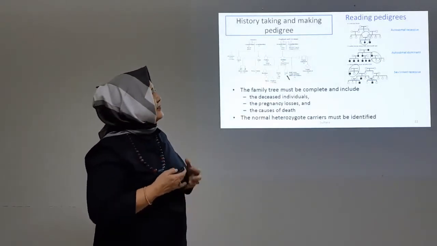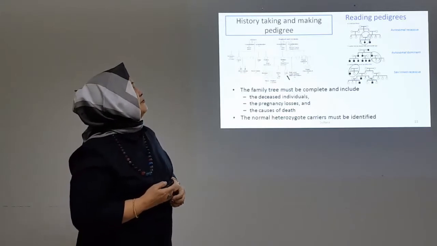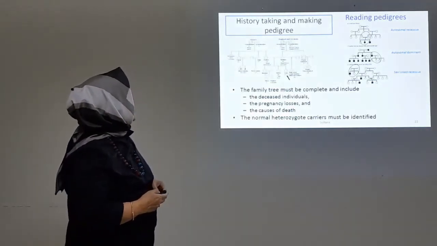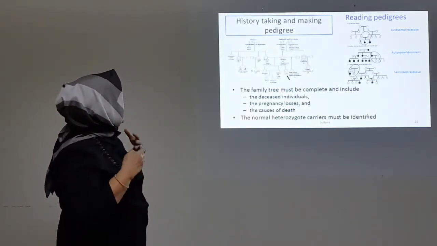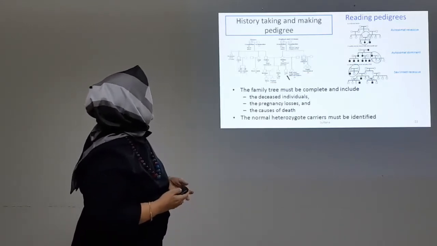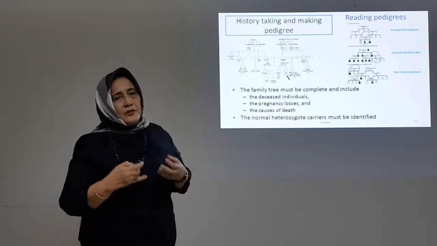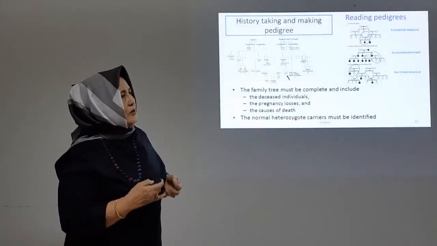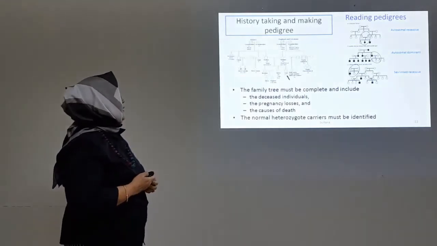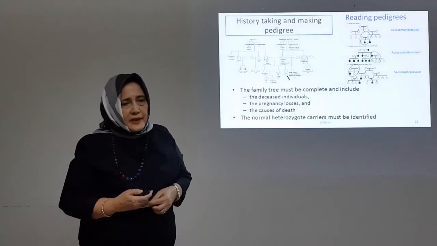Usually X-linked is affected males only. In the dominant type, the female can be affected. So you have to draw the pedigree, ask the family how many are affected, how many pregnancy losses, how many stillbirths or dead babies, and also the possible carriers.